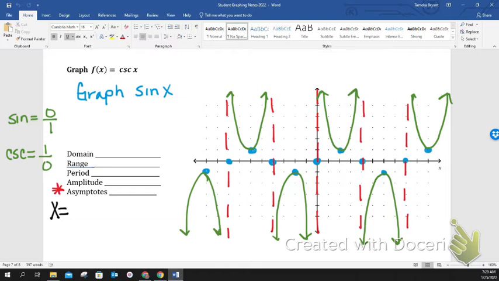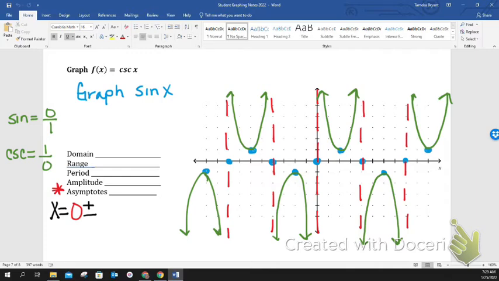And then we're going to write our equation for our asymptotes. So we have our first asymptote at 0. So x equals 0, plus or minus. What's the distance between our asymptotes?